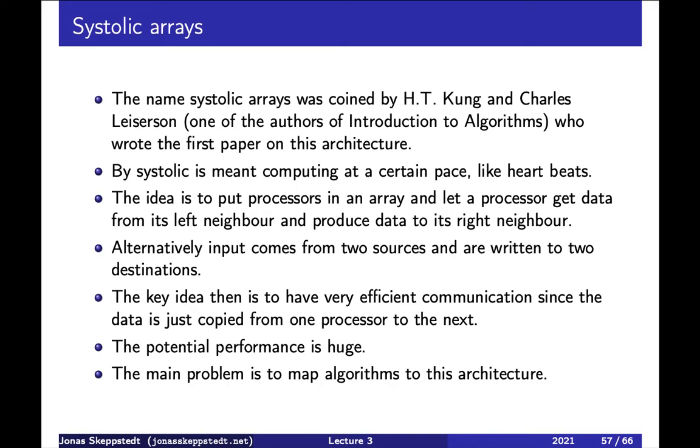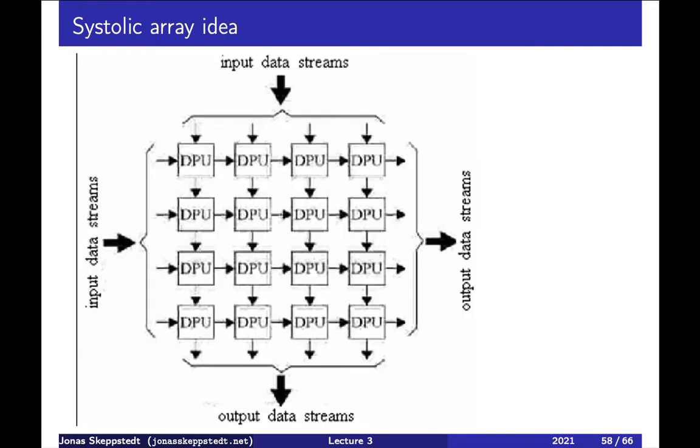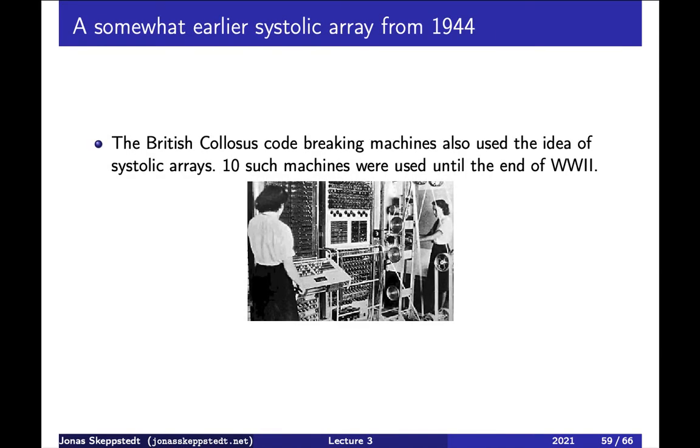But for problems when it is possible, then the performance can be huge, of course. Actually, this is not an entirely new idea, but the British machine Colossus, which was used for code breaking, also used this idea.